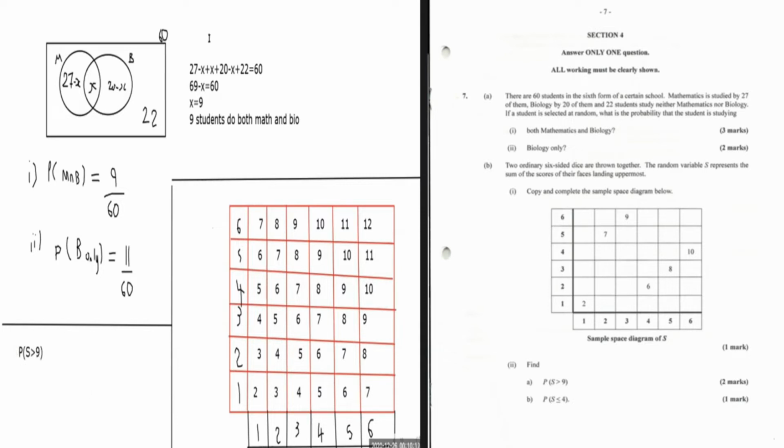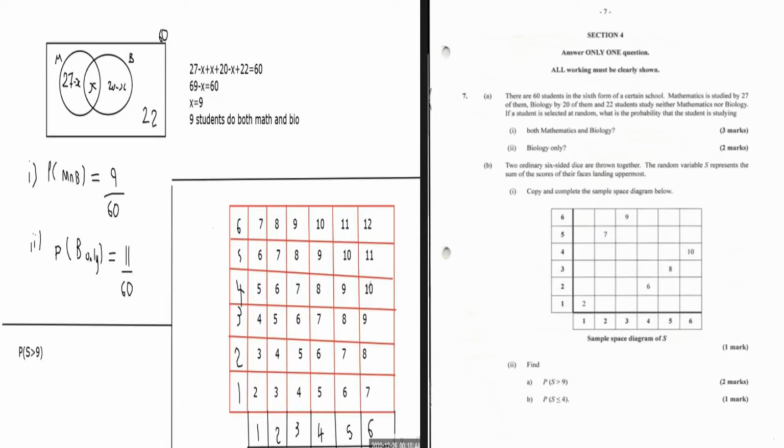First, we need to identify scores that are greater than 9. Greater than 9 will be all of these: 10, 10, 10, 11, 12, 11.